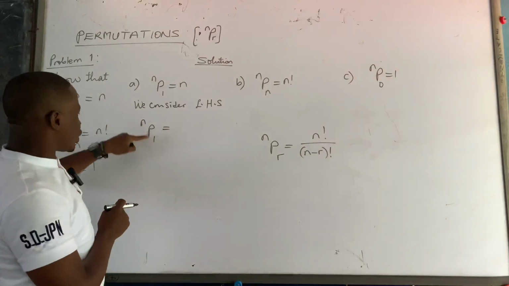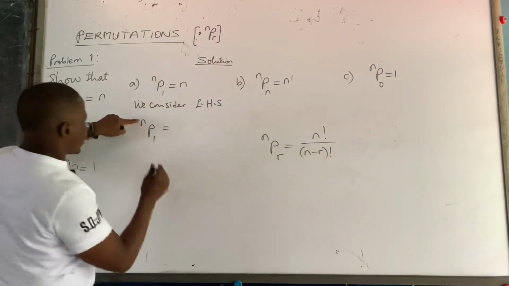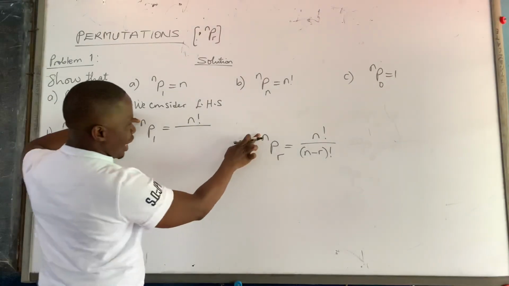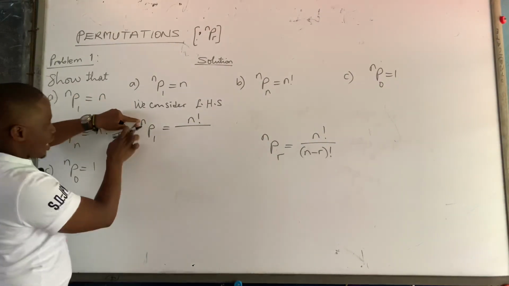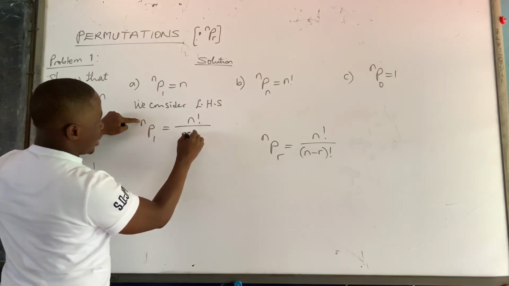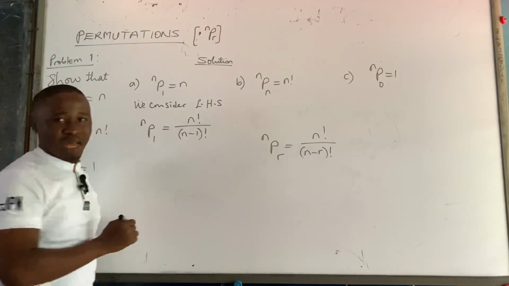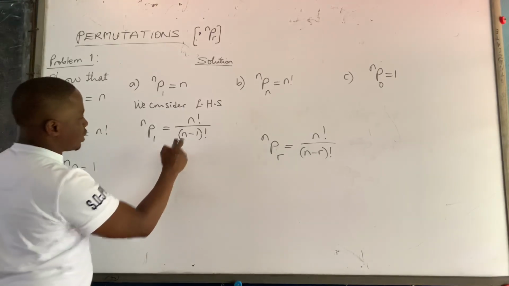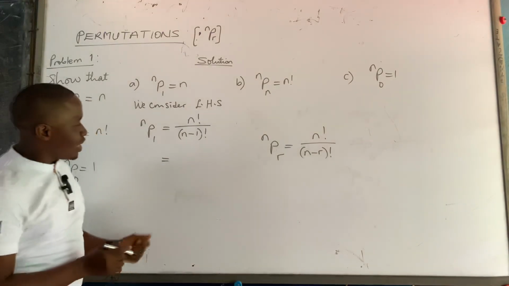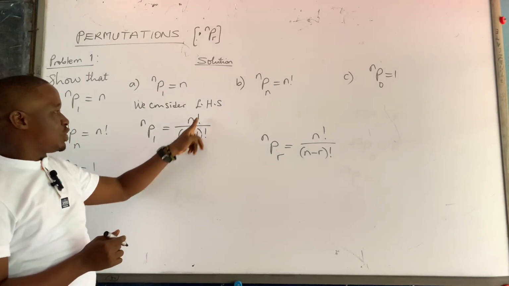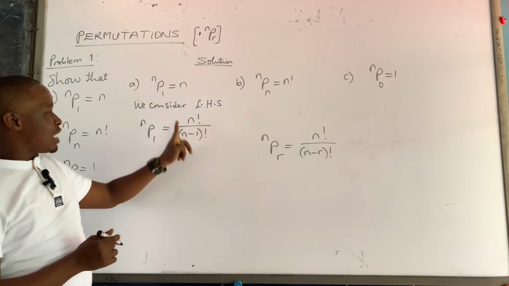Now with n permutation 1, we work with the formula. We say n factorial divided by n minus r. So here we say n minus 1 factorial. So we say n factorial divided by n minus 1 factorial. This one with the minus sign cannot generate n, but n can generate this one.